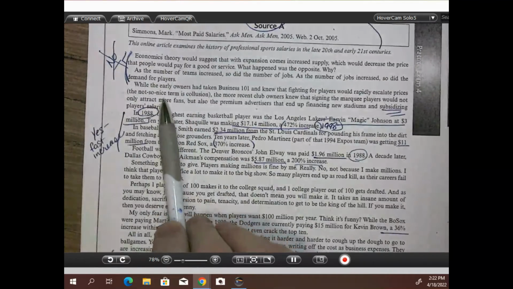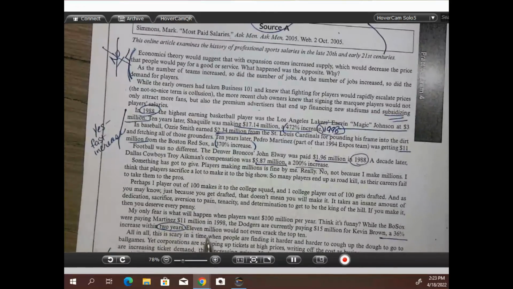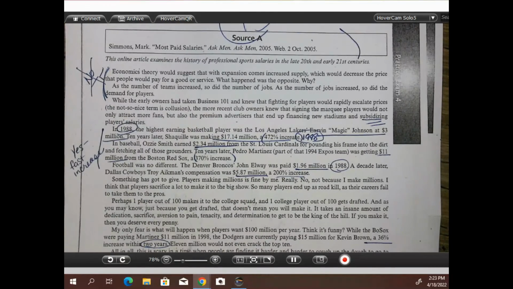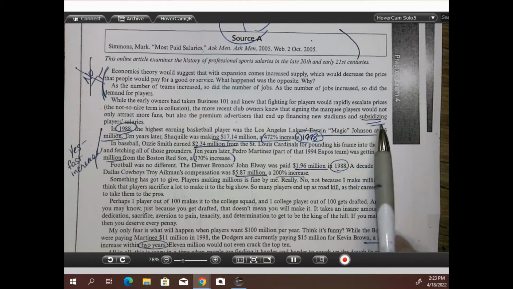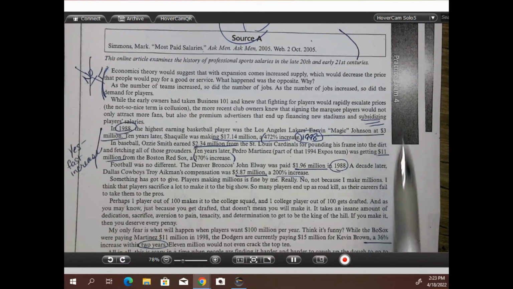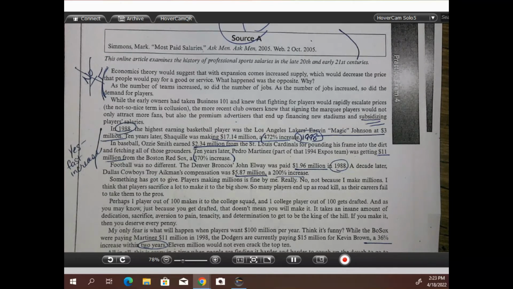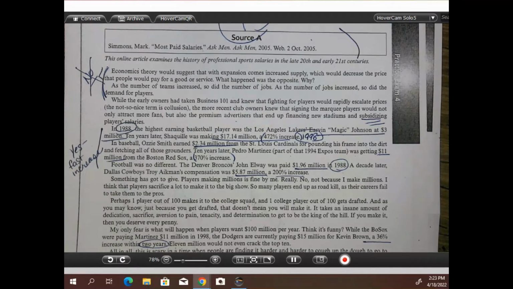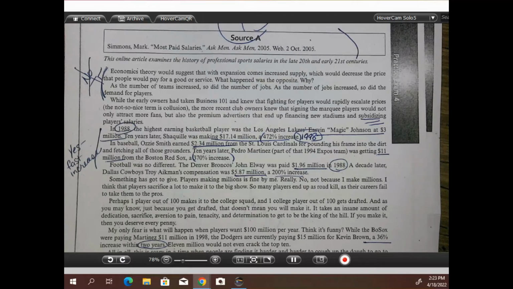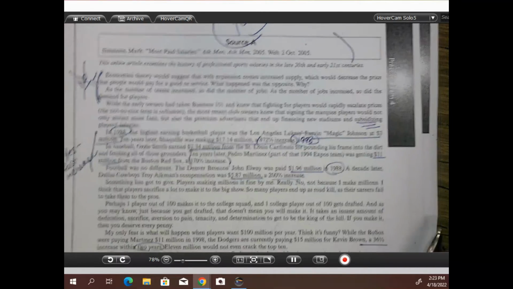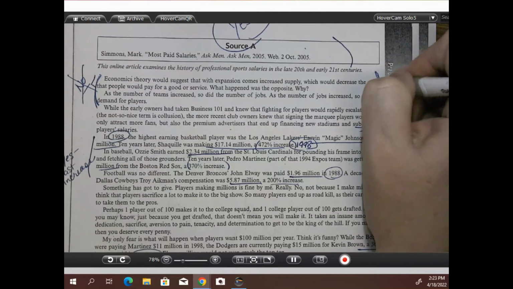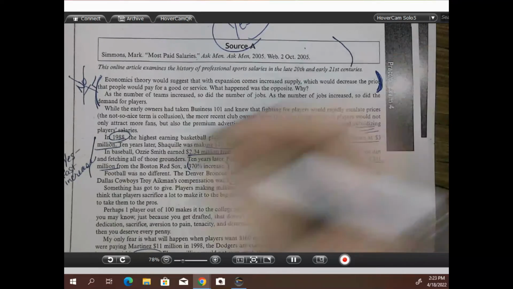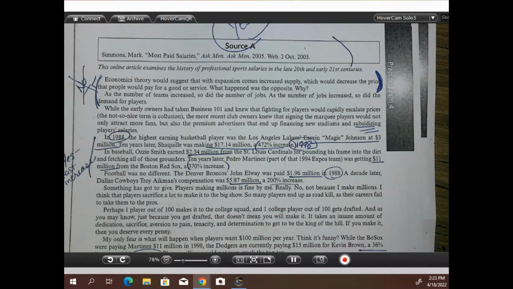But then the minute you get into the actual argument, it's like, nope, here are all of the ways it's not supply and demand because of these subsidies, because of this doubling, the fact they're using it as status, that this is not true economics. So if your position is no, they're not paid too much, and you pull information from here to support yourself, what does that immediately tell the reader? Yeah.